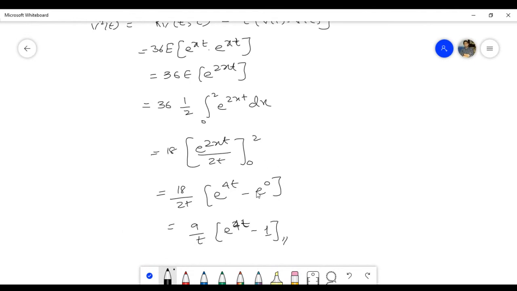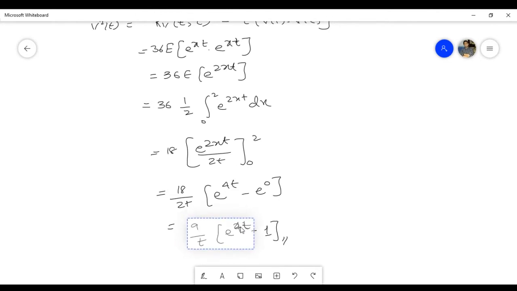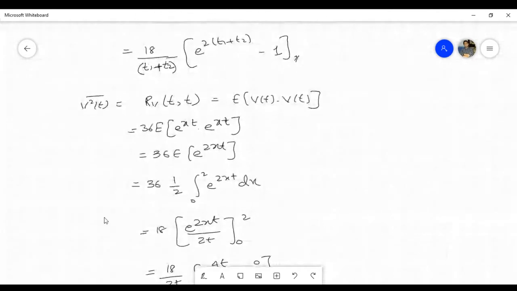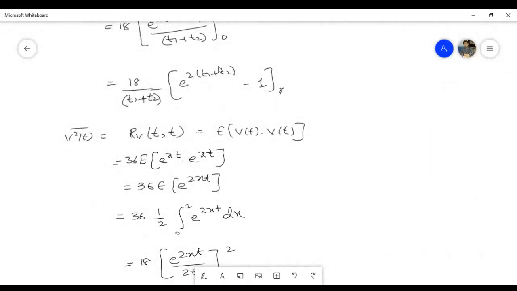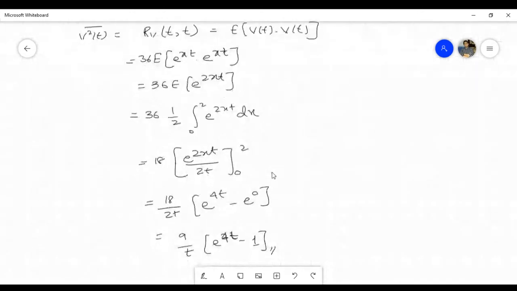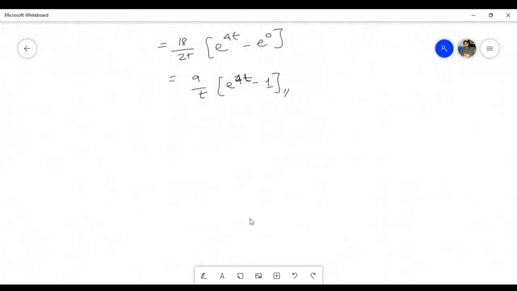Here it is the same thing: when you substitute t1 equal to t2 equal to t in the autocorrelation, you will get the same result. Okay, so you can do it this way or you can solve in these steps. So here we complete question number 1.